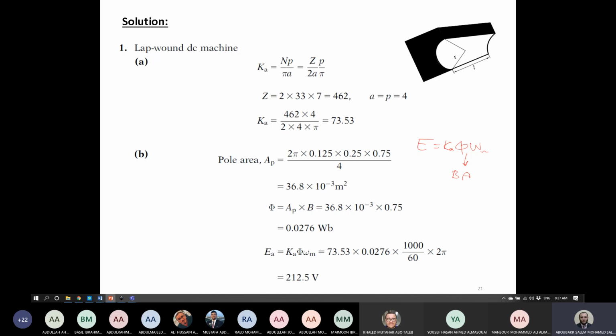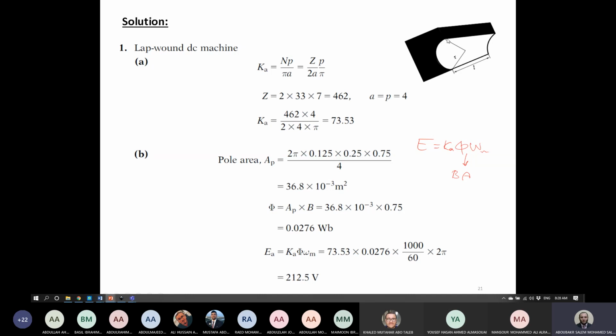If we consider that we have one pole like that, we have the radius of the inner circle of the rotor, which is R, and the length of the conductor is L. So we can say now the area under this pole equals 1/4 of the internal area of the cylinder, right?